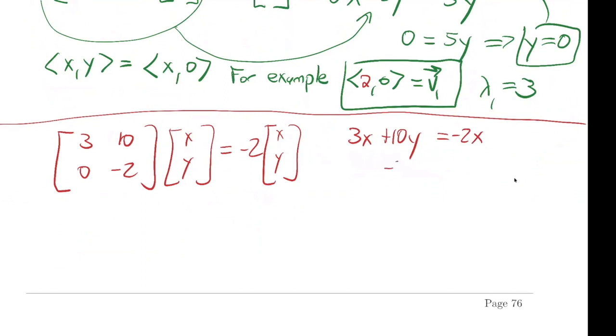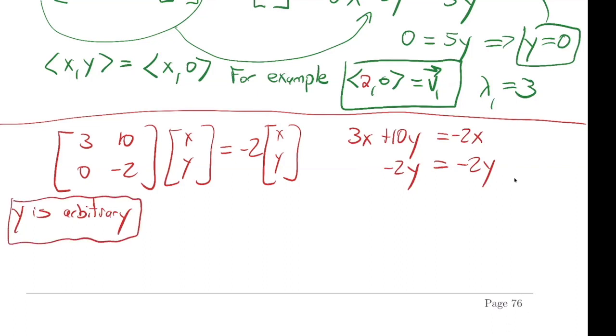And then in the second equation, we've got -2y is equal to -2y. So we can see from that equation, that's going to be true no matter what value we pick for y.